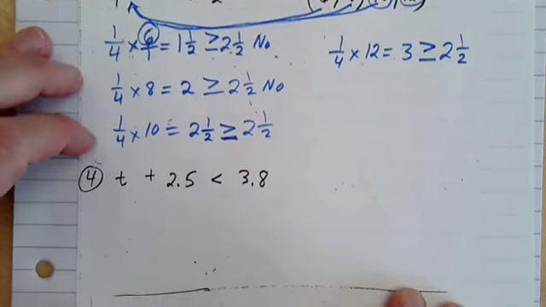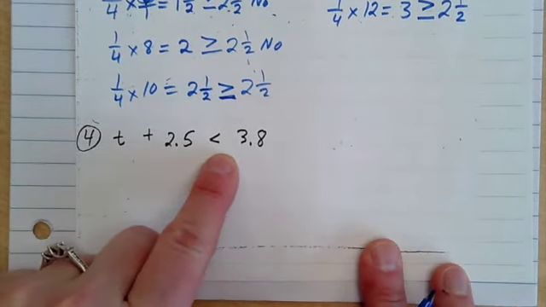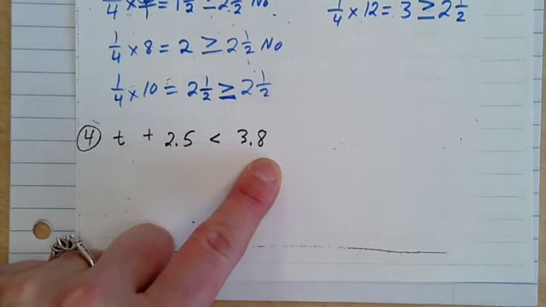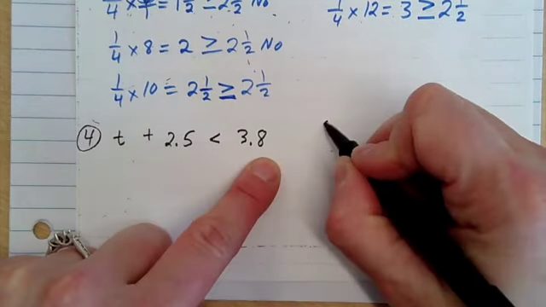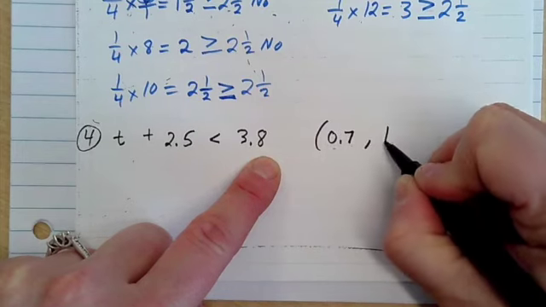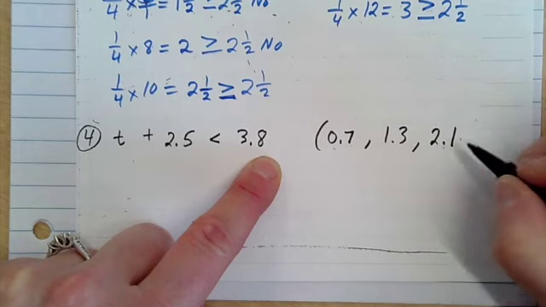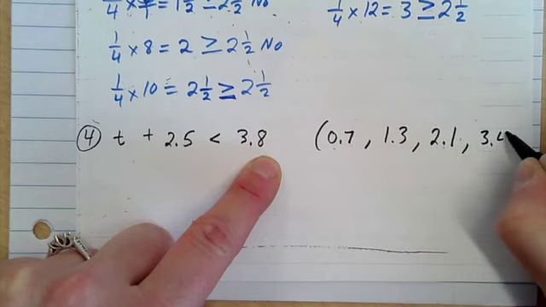The last example I give you says t plus 2.5 is less than 3.8. And the numbers they want you to try on this example are 0.7, 1.3, 2.1, and 3.4.